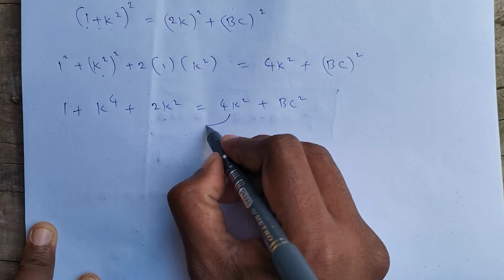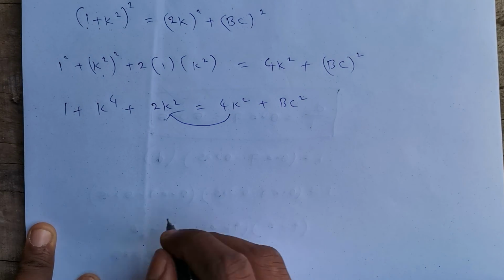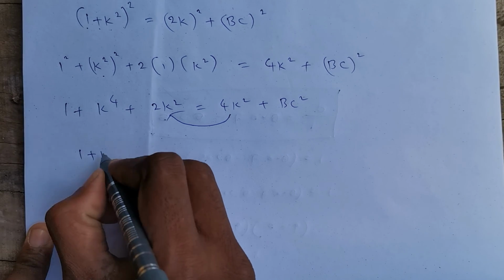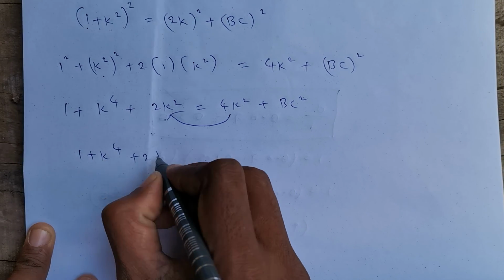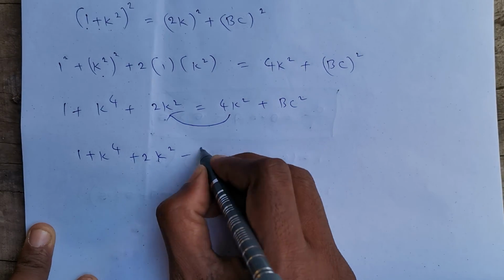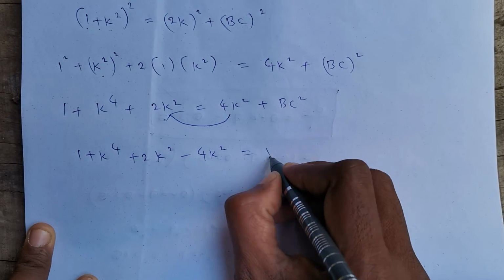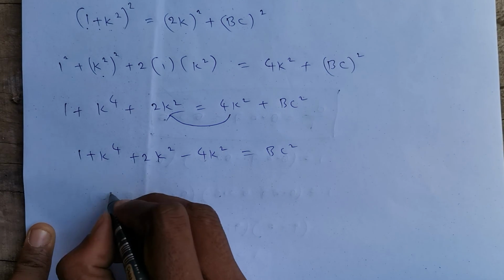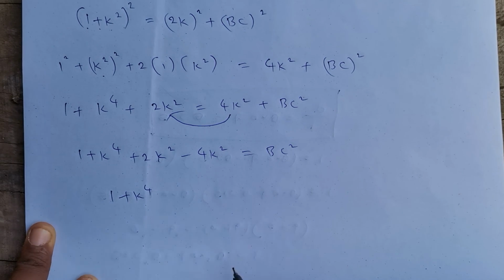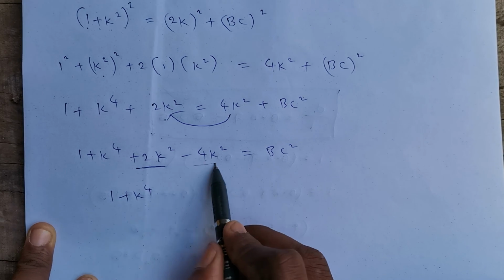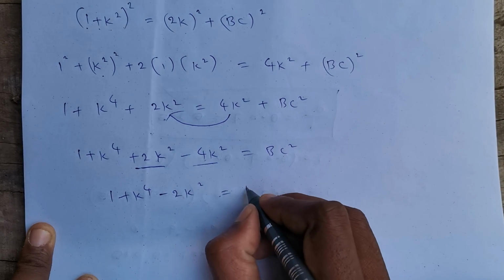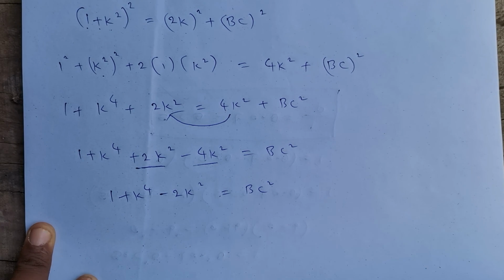Now this 4k square I will take to the left side, then it will become minus 4k square. So we get 1 plus k power 4 plus 2k square minus 4k square, which equals BC square. That is 1 plus k power 4 minus 2k square equals BC square.